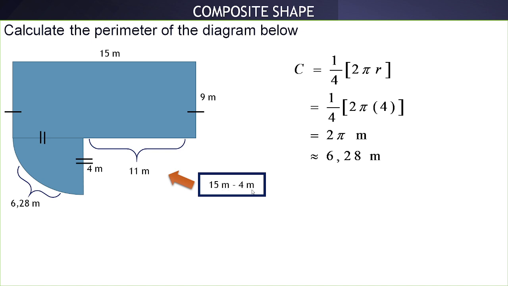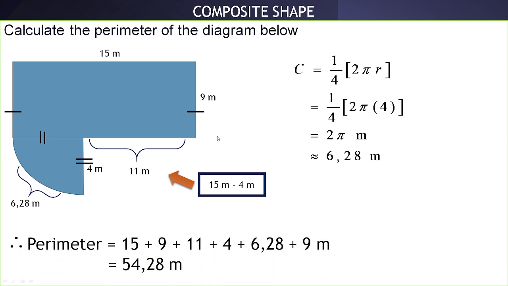So 15 meters minus the 4 meters, which is the radius of the quarter of the circle, will give us 11 meters.